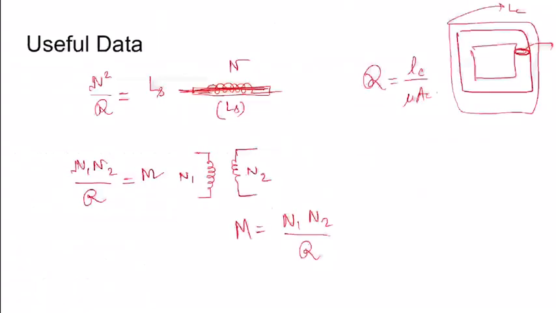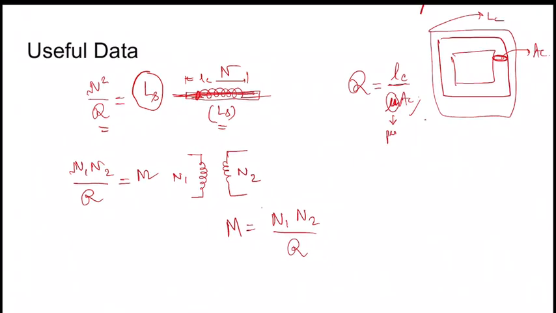For useful data we need to know that for N number of turns and a core having reluctance R, the self inductance developed is N squared by reluctance, where reluctance is the length of the core divided by the area of cross section of the core into 1 by mu, where mu is the permeability, and LC is the length of the core and AC is the area of cross section of the core.